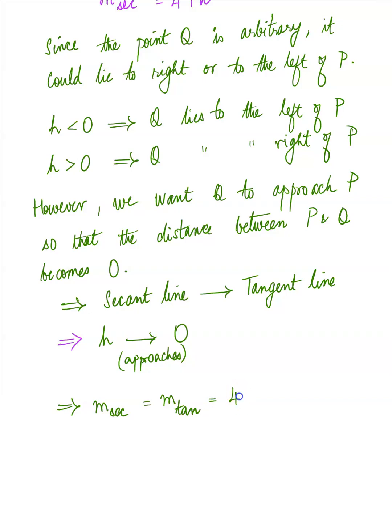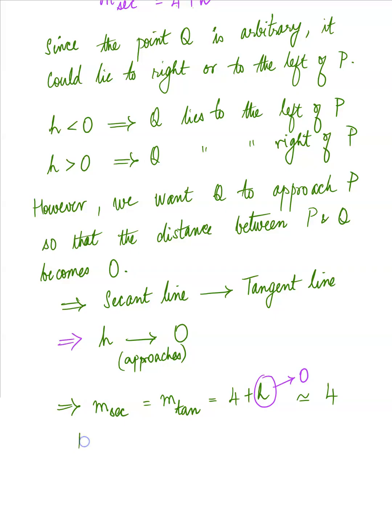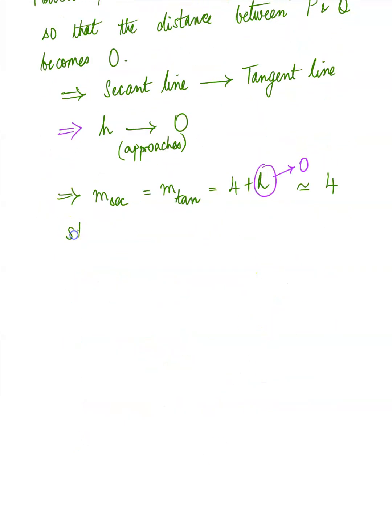And in 4 plus h, h approaches 0. So the 4 plus h actually reduces to 4, right? So the slope of the tangent line is 4, because thankfully now you can let your h become 0.